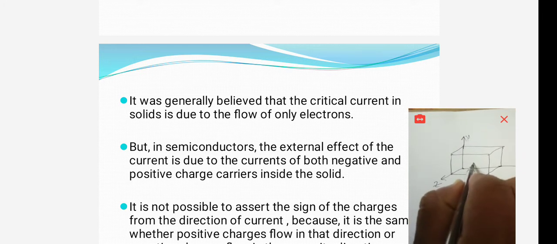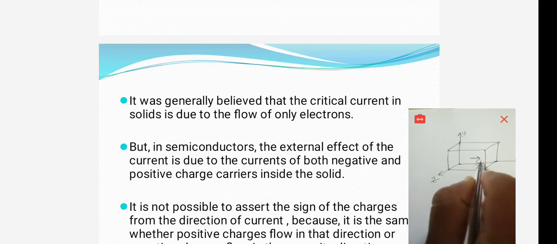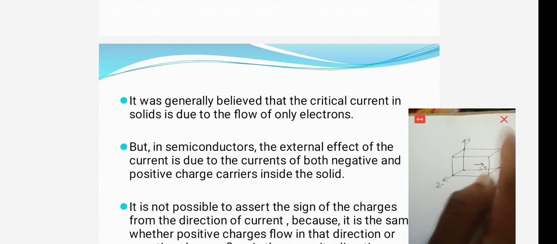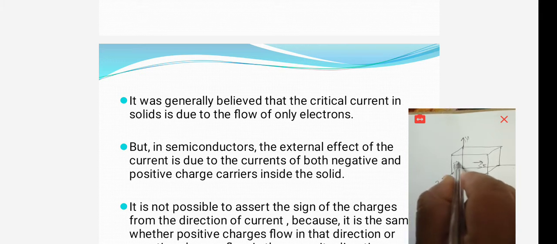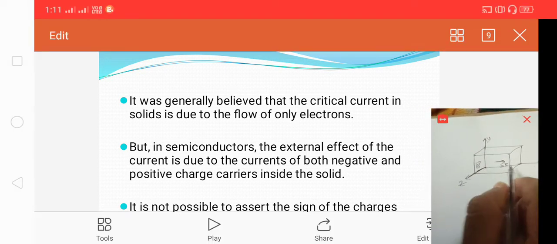Current is flowing in x direction. Now we keep this material in a transverse magnetic field, which means in this z direction, magnetic field along z direction. Current is along x direction.